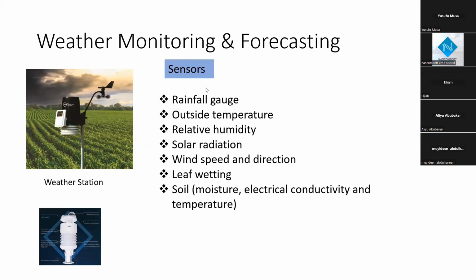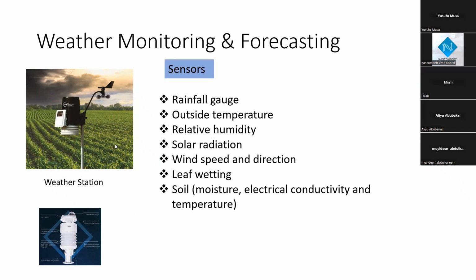So the idea is to get all these parameters, like the amount of rainfall, using a rainfall gauge, the temperature, relative humidity, solar radiation, and the wind speed and direction, the leaf wetting. And some of the weather stations also incorporate some soil moisture, EC, and temperature measurement.